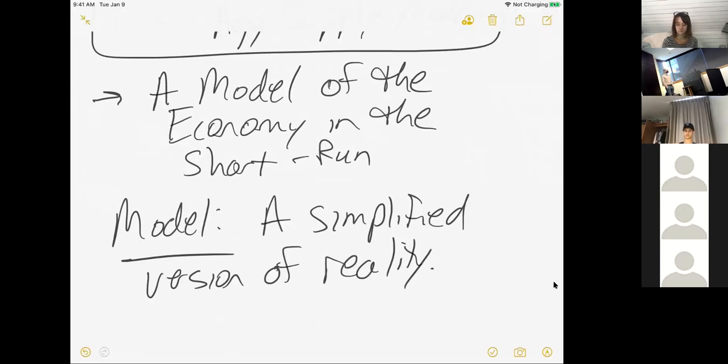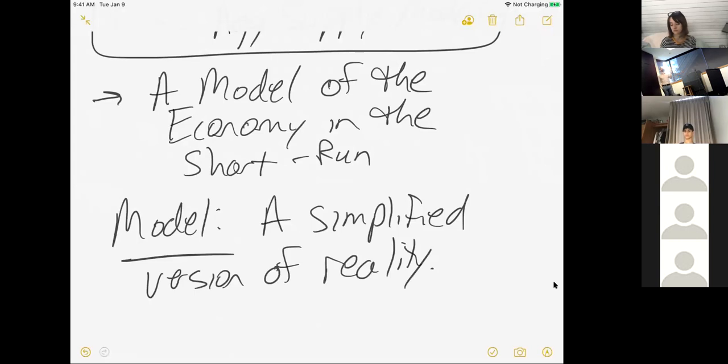Yeah, right. In reality it is too complicated, right? Reality is way too complicated, particularly in economics, particularly in macroeconomics, right? What's going on in the US economy? There's a million things going on in the US economy, right? If we tried to think of everything that's happening in the US economy all at once, we're not going to get anywhere, right?